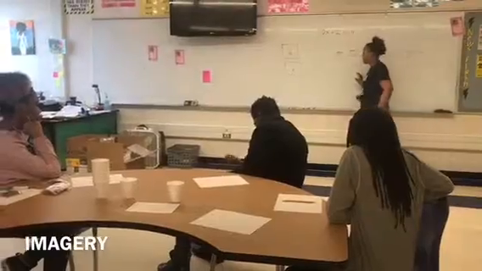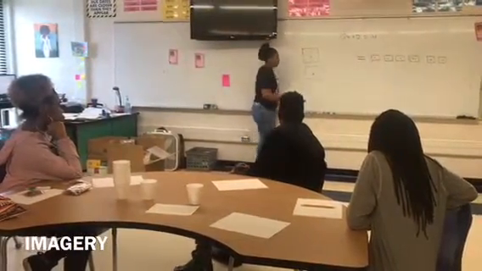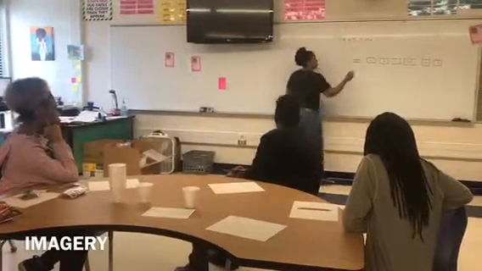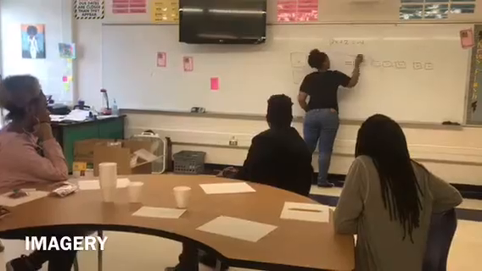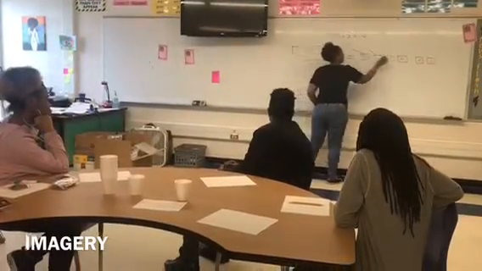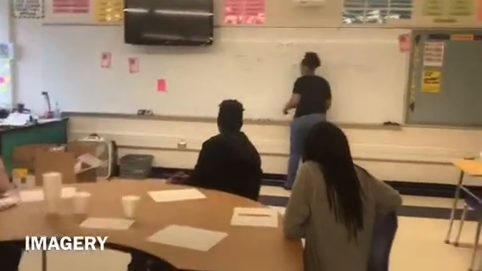Okay, so now what do I need to do to get the x's by itself? Divide by 2. So with that being said, I'm gonna draw arrows. If I want to divide by 2, I'm gonna divide evenly, because 6 divided by 2 is 3.